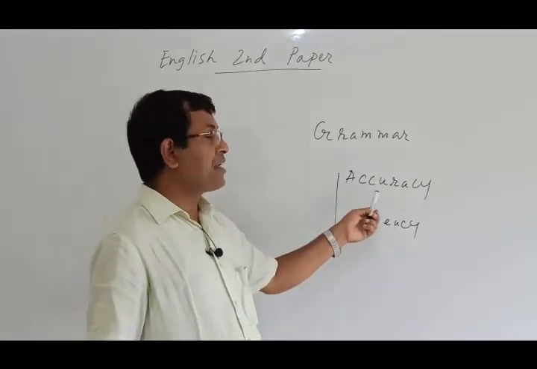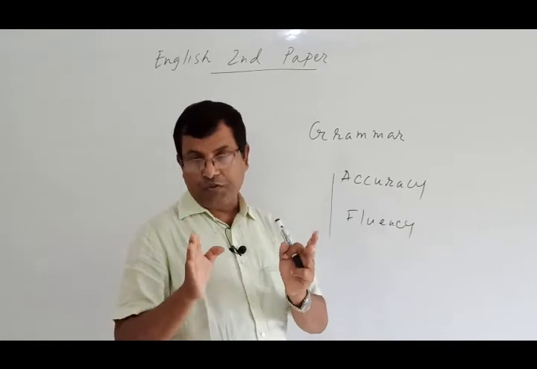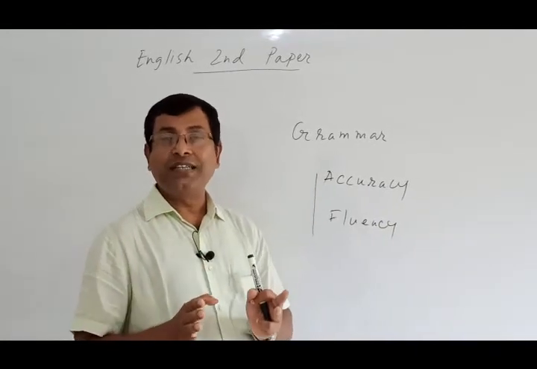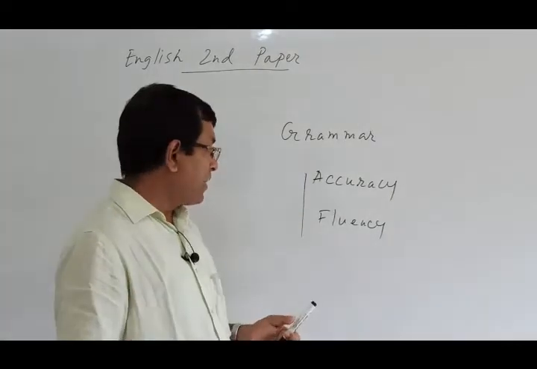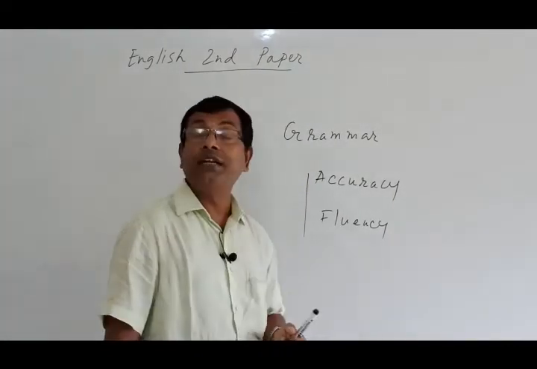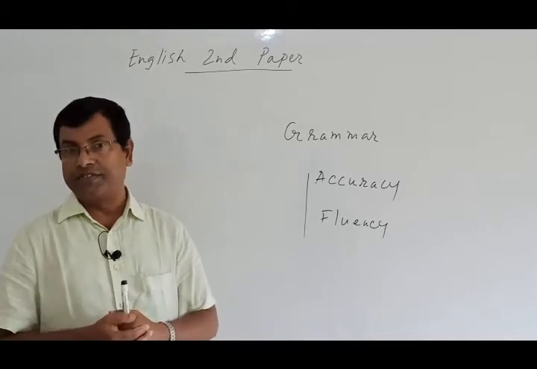You know what is grammatical accuracy. Grammatical accuracy means to make your writing, to make your sentences grammatically correct. But at the same time, you must have grammatical fluency. And what is grammatical fluency?